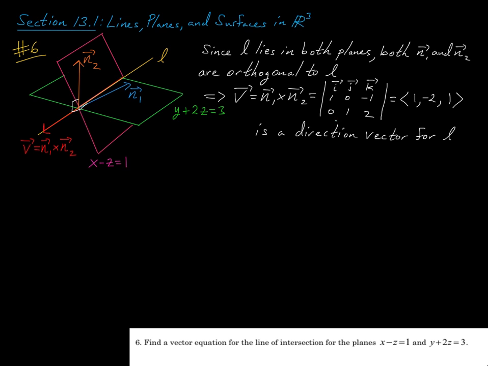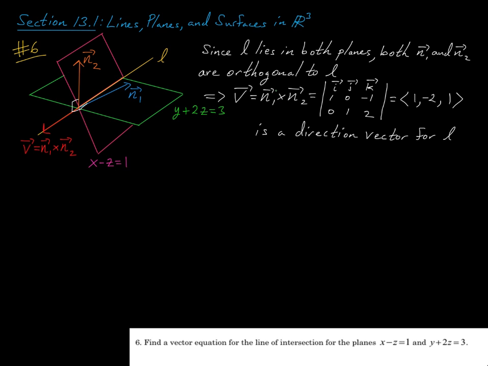And the key observation here is that since the line L lies in both planes, because it's the line of intersection, both of these normal vectors are orthogonal to the line L. And so the cross product vector, as you see here in red, that we know is orthogonal to both n1 and n2, must then be parallel to the line L. So I'm going to go ahead and compute this cross product.